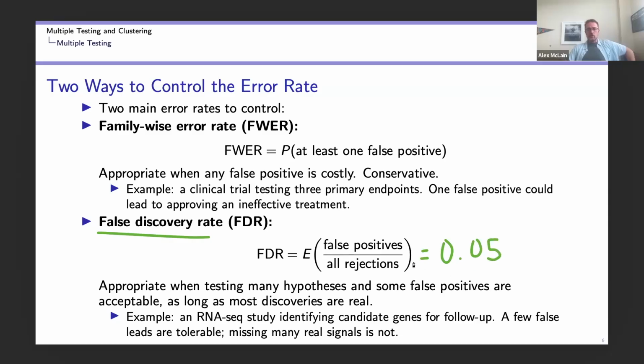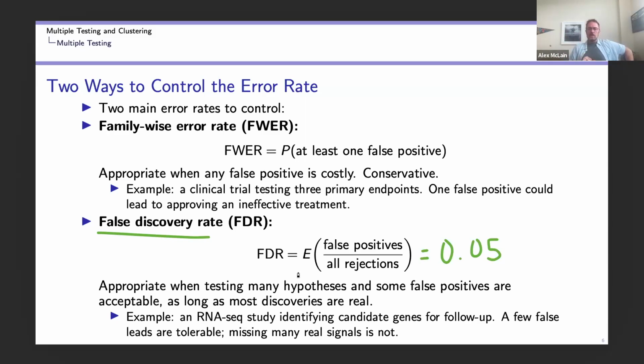If we control this at 0.05, it says that among all the rejections that we make, about 5% of them are mistakes. So if we reject 100 hypotheses, the false discovery rate says we're confident that only about 5 of those 100 are mistakes.